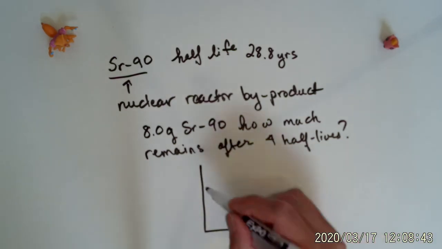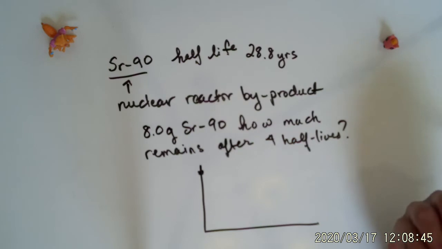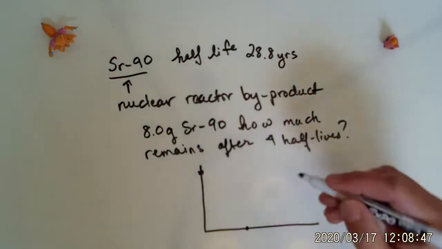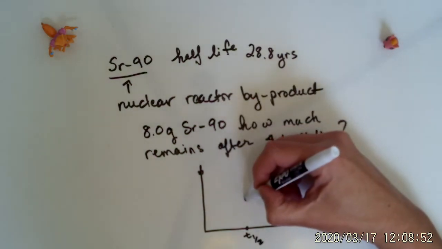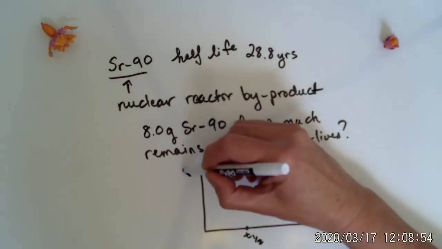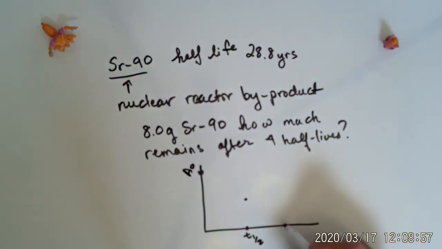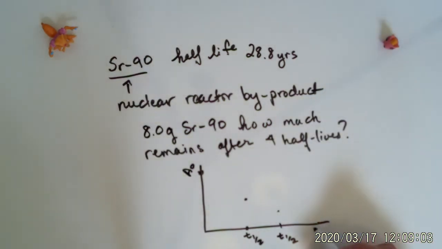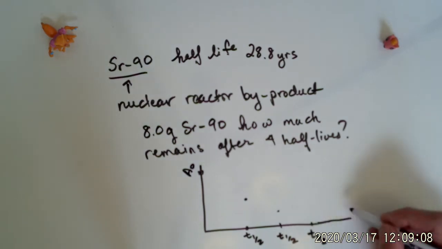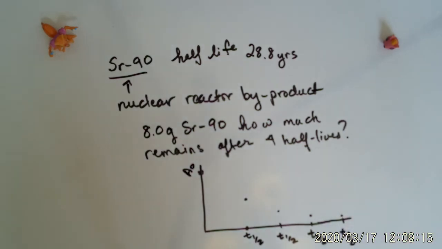If this is my initial amount, A naught, then at t1/2, you have half that amount. At another t1/2, further out, it's going to be half of this amount. At t1/2 here, it'll be here, and t1/2 there, it'll be down here.